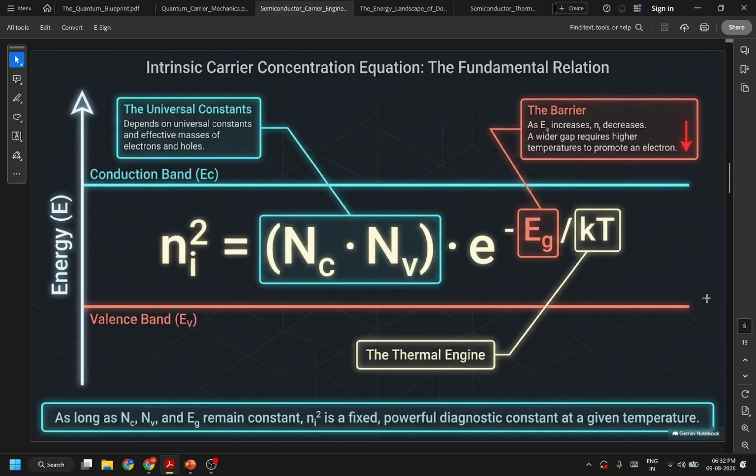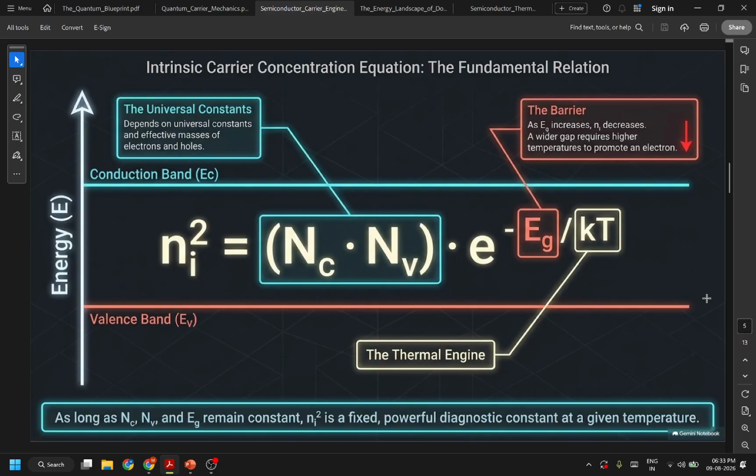The intrinsic carrier concentration equation depends on the universal constants, Nc and Nv, for a particular temperature. Nc and Nv depend on universal constants and the effective masses of electrons and holes.